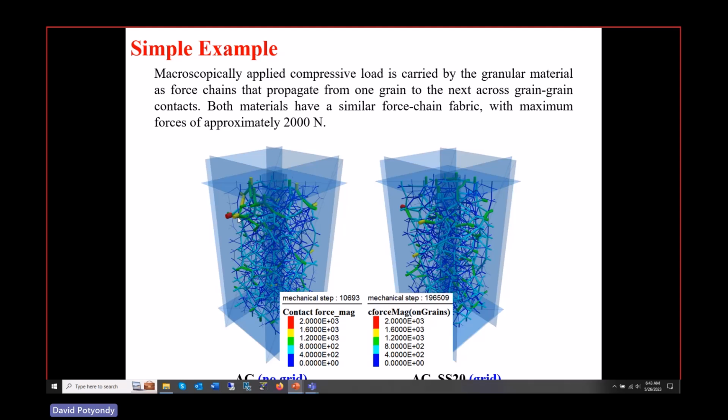Those are two grains pushing very hard against that wall right there. Thickness of these lines is related to magnitude of the contact force. In addition, color is also denoting the magnitude of the contact force. And so these are the things that we see that naturally develop in a granular system, and they also naturally develop in a bonded system.